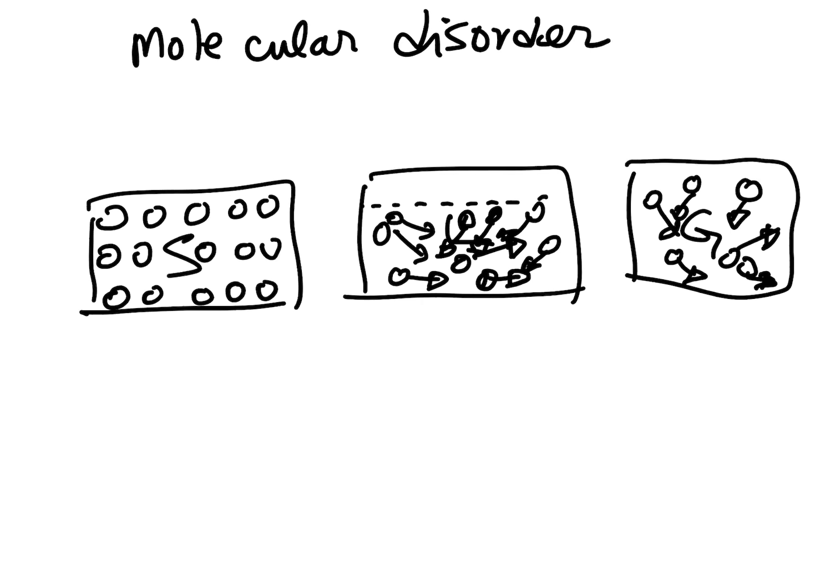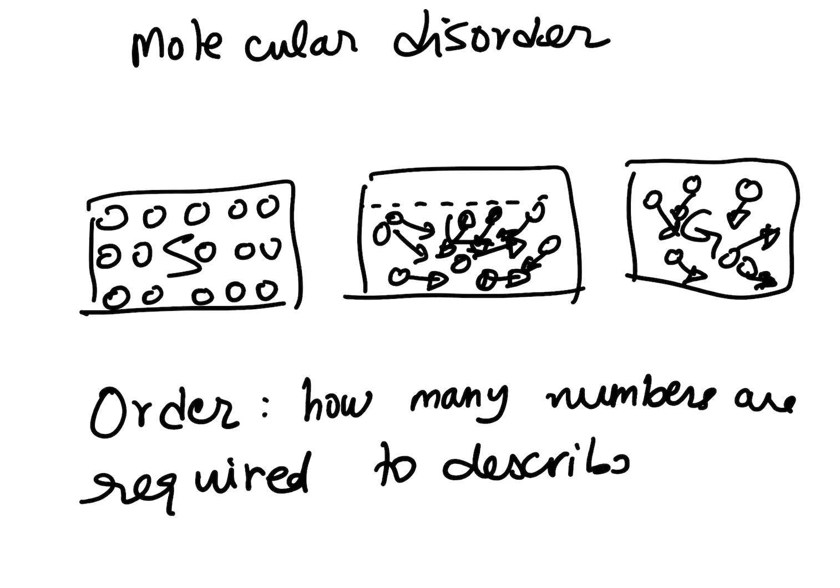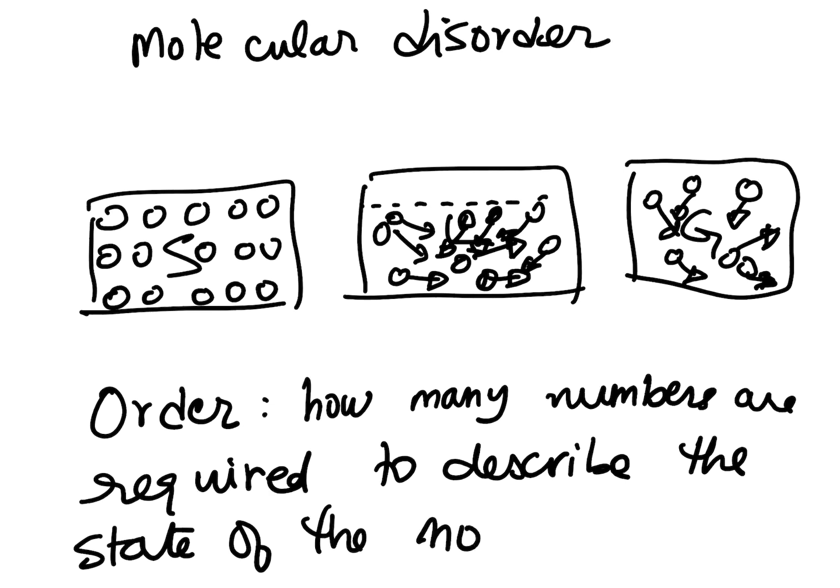If you think of disorder, or the opposite concept of order, I'll ask you the question: how many numbers are required to describe the state of the molecules? How many numbers do you need to describe this picture of the state of the molecules, which could be a solid, liquid, or a gas?